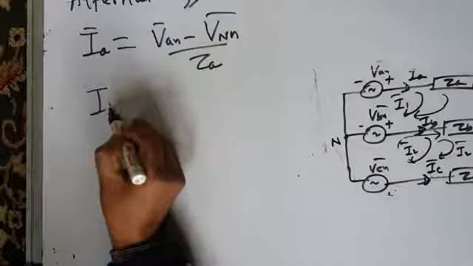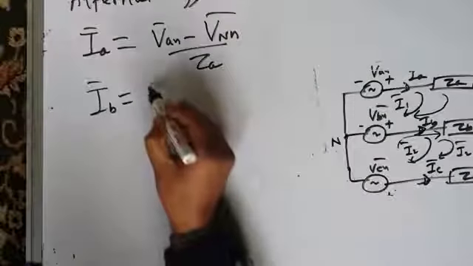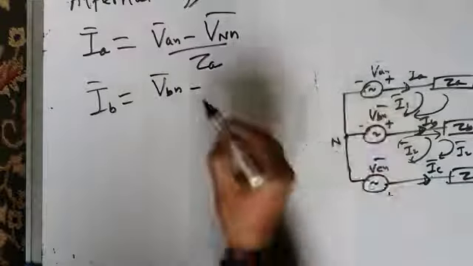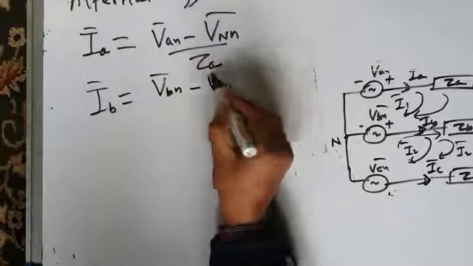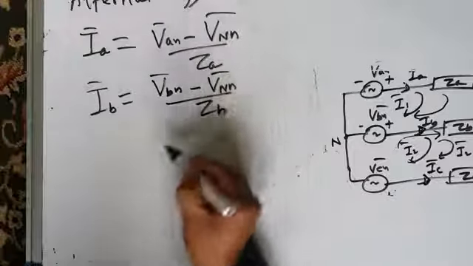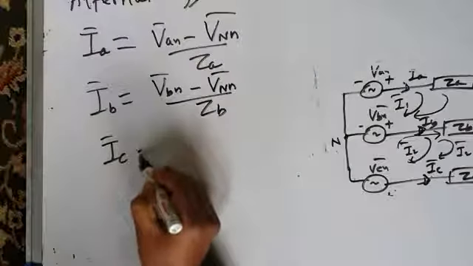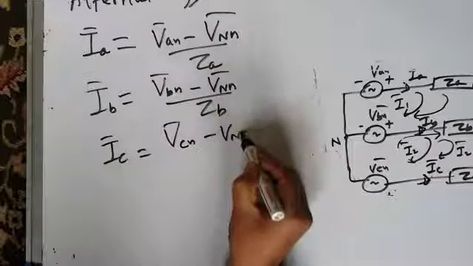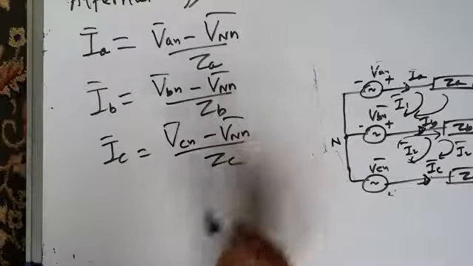Similarly, line current IB will be phase voltage of phase B, VBN, minus neutral to neutral voltage, minus VNN by ZB. Similarly, you can find IC, which is VCN minus VNN by ZC.